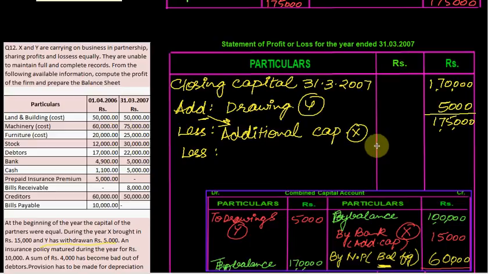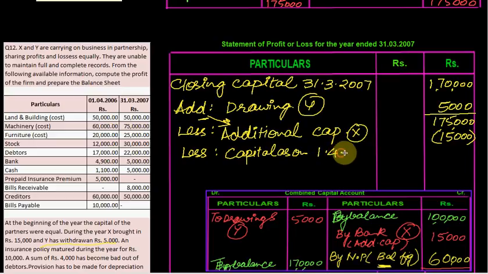So additional capital is 15,000, less additional capital 15,000 and less opening capital or capital as on 1/4/2006.